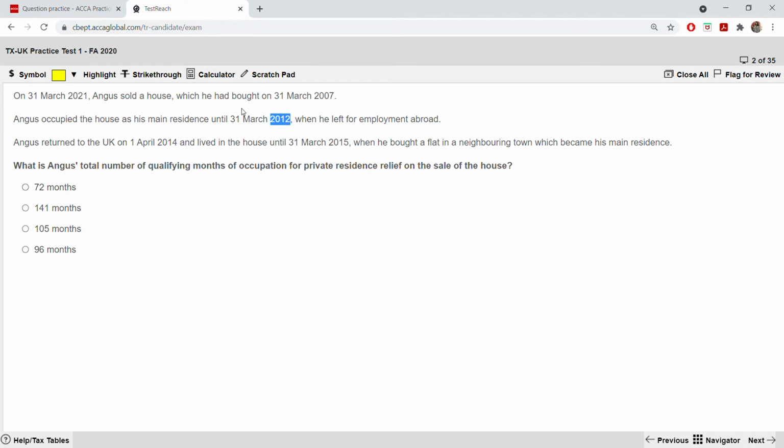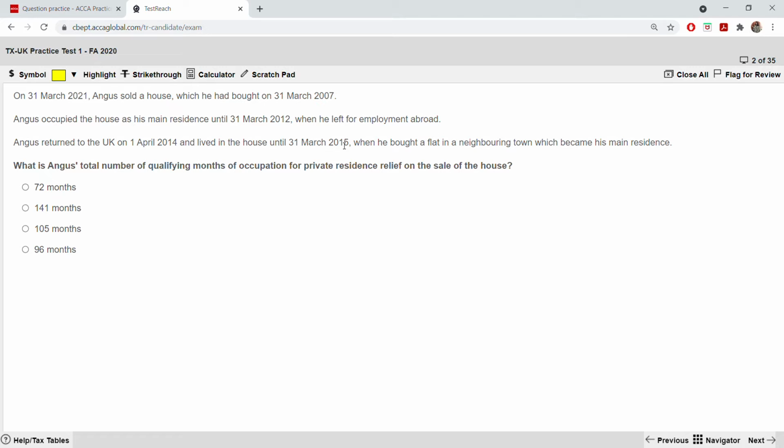Plus, he returned on 1st April 2014 and lived in the house until 31st March 2015. Another 1 year, so 12 months. So 60 plus 12, 72 months is actual occupation.